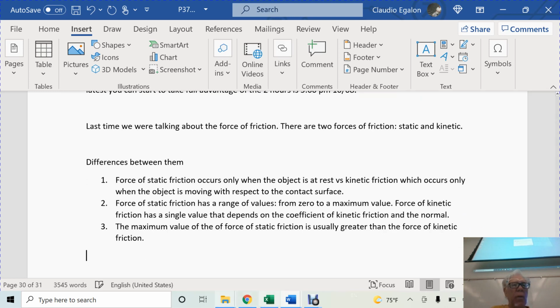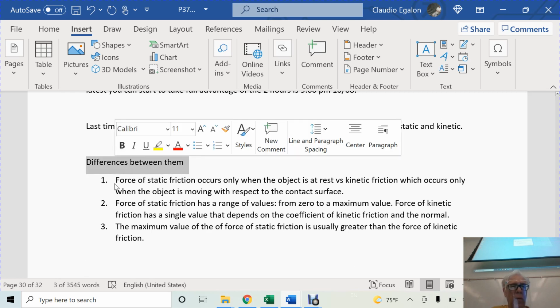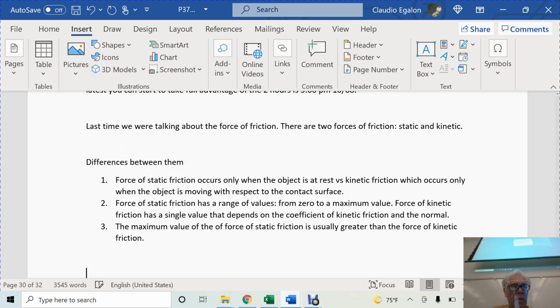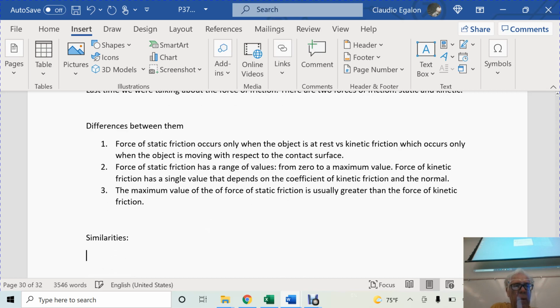Similarities. Okay, one. Opposed motion of the objects.